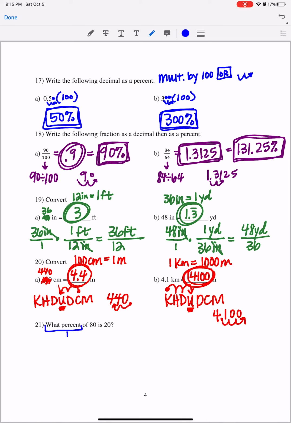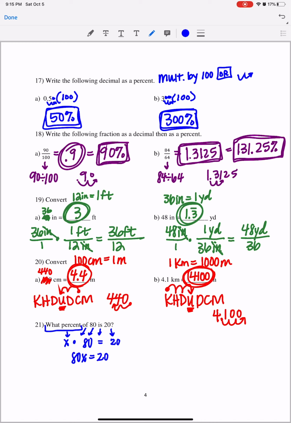What percent is your x, of is your times 80 comes down, is your equal sign, and then 20 comes down. So clean that up a little bit. X times 80 is the same as 80x.